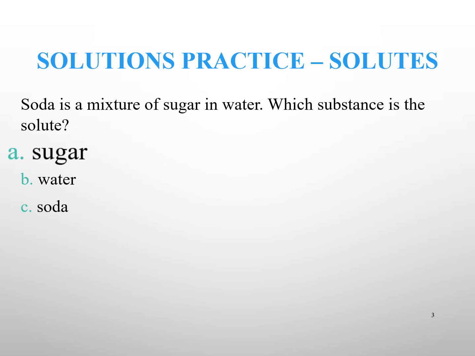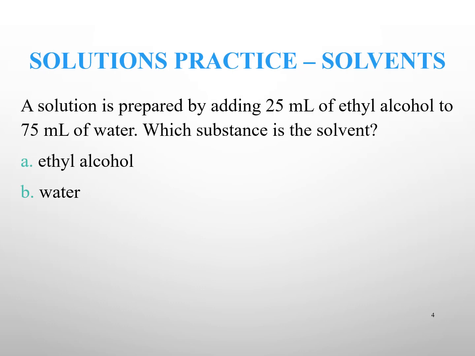All right, next question. A solution is prepared by adding 25 ml of ethyl alcohol, which is ethanol, to 75 ml of water. So as you can see, this is a solution of alcohol and water. They're both in liquid form, but when you mix it together, the smaller component is alcohol, the bigger component is water.